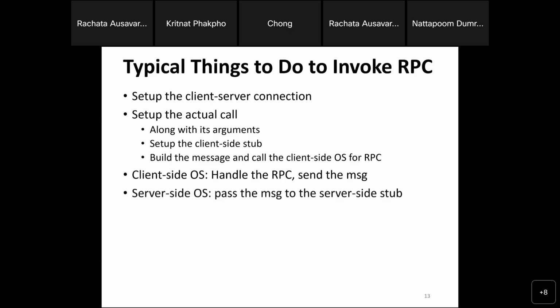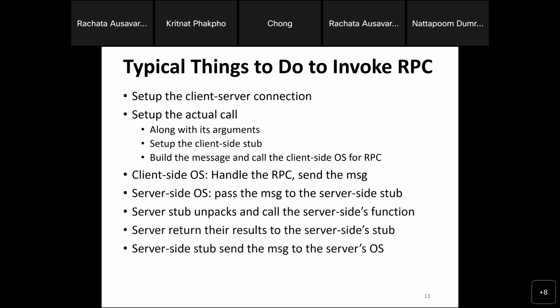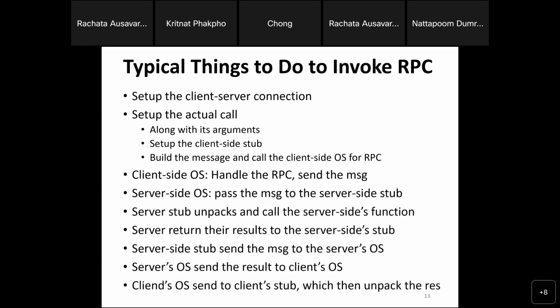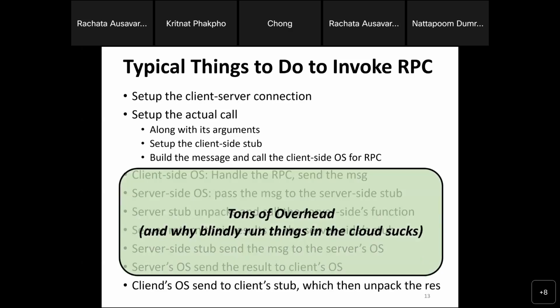The server side passes the message to the server side stuff, in order to actually raise it above the stub level so that the user application can run on the data. Once it runs on the data, the server side stub sends the packet all the way back to the client. Now, when the server OS sends the result back and the client receives the packet, it unpacks the whole thing. And as you can see, that's a lot of steps. That's a lot of overhead.